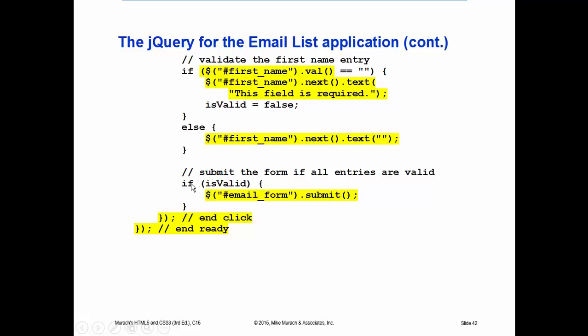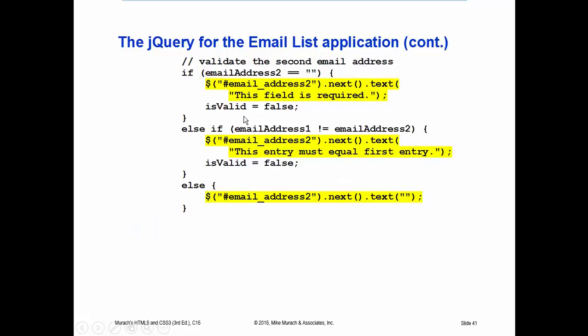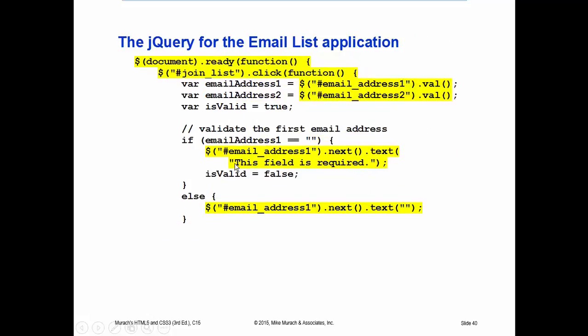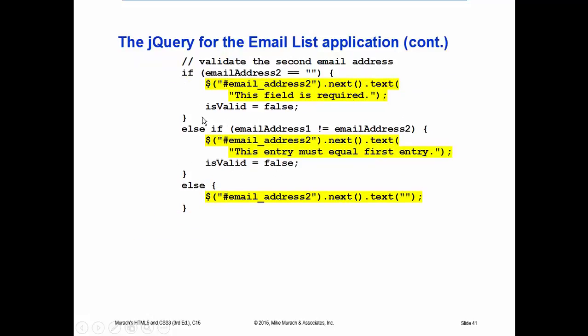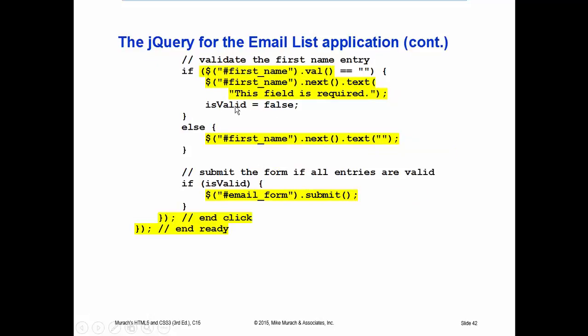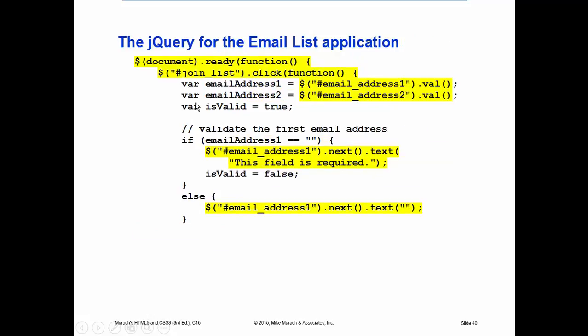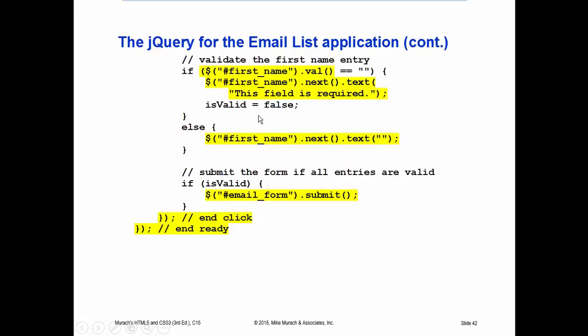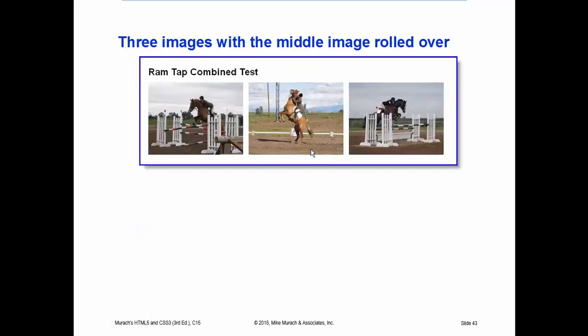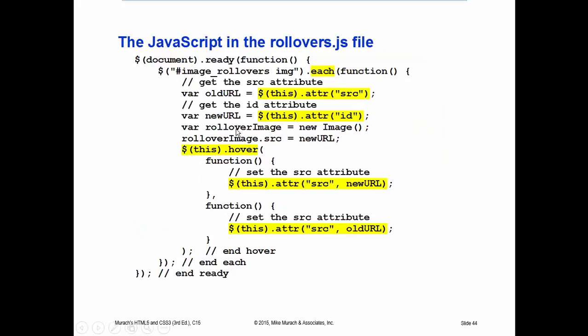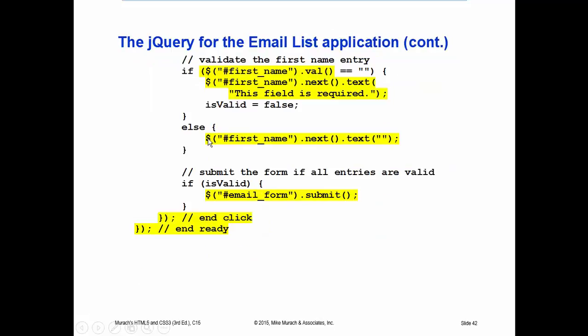If everything was valid, meaning we never hit any of those is valid equals false lines, then the line where we set it to true is still in effect. It's still true. So we come in here and we say, fine, submit the form. And that's it.